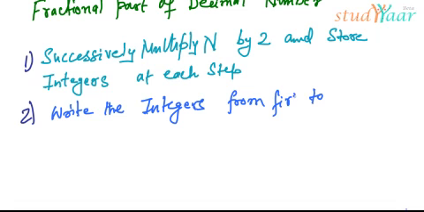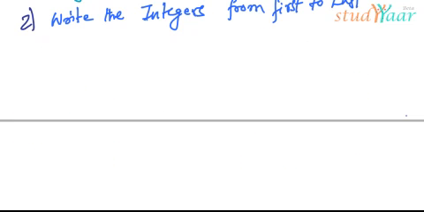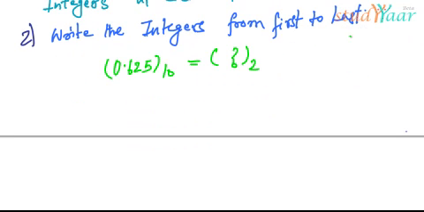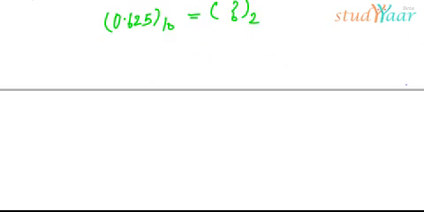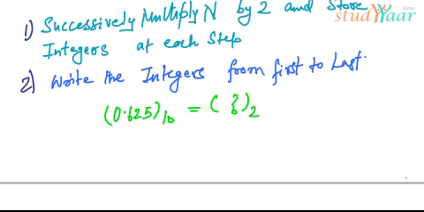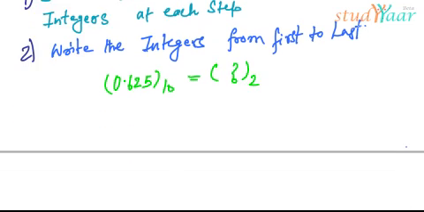So let's see what we are doing. Let's suppose I have this as a number in decimal and I need an equivalent binary fractional number. So how do I proceed? Successively multiply n by 2.